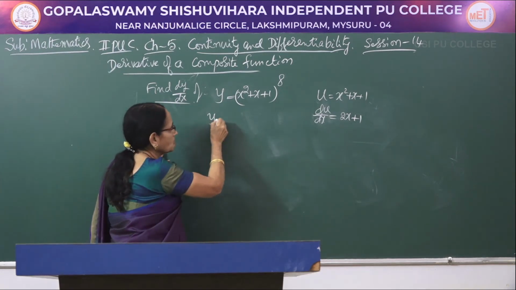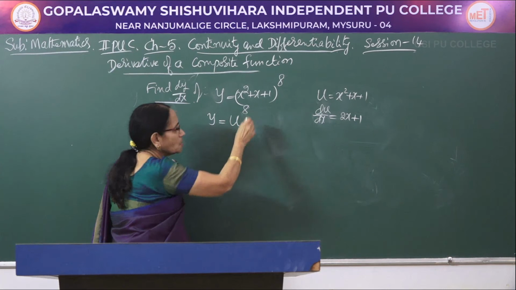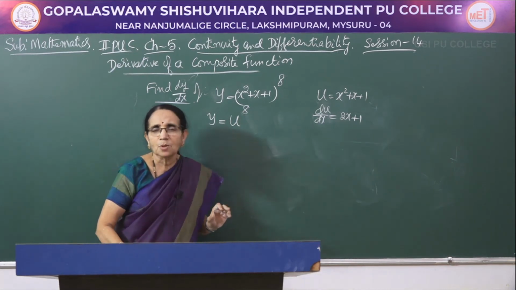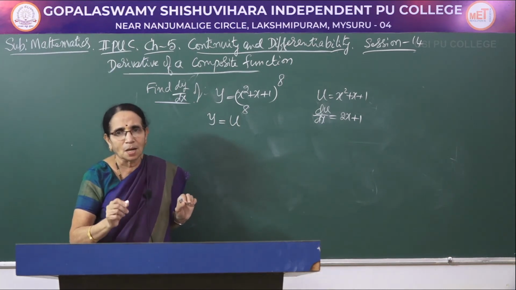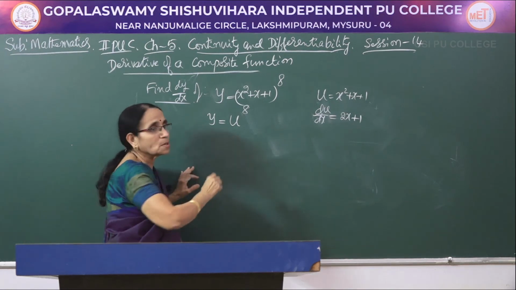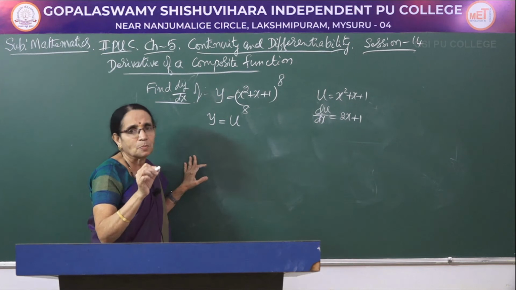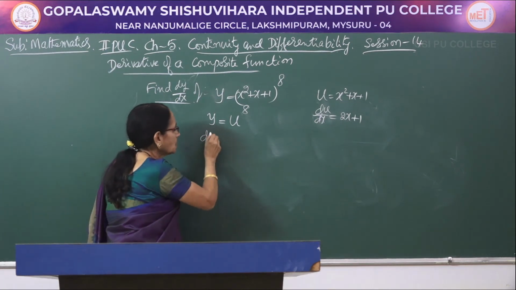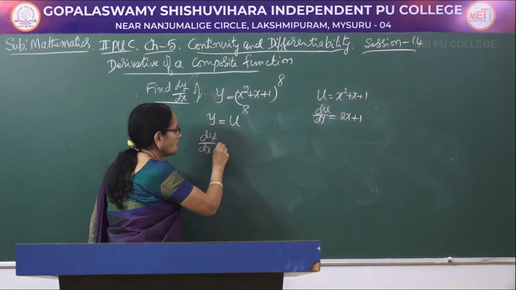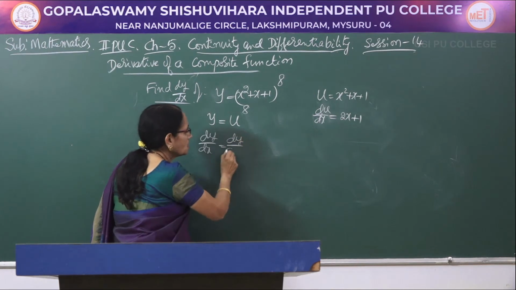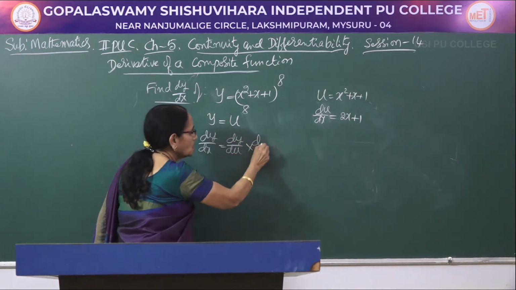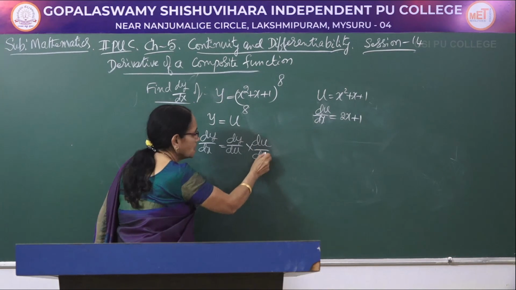Come to the function. It has now become a simple function. y is equal to u to the power 8. Now differentiate with respect to x, that is very important. Now dy by dx is equal to dy by du into du by dx.